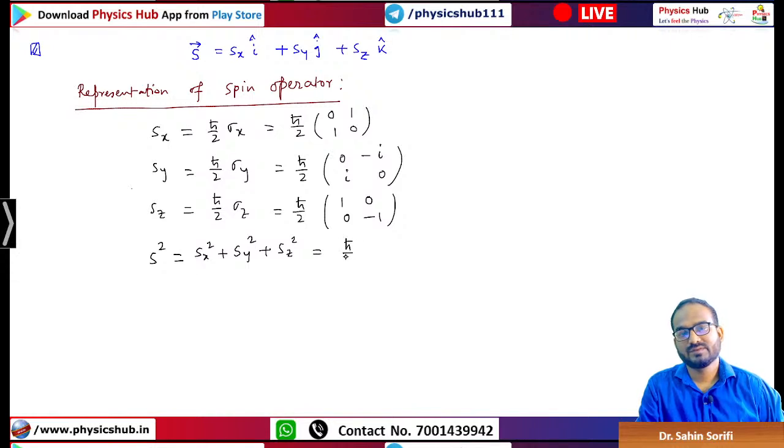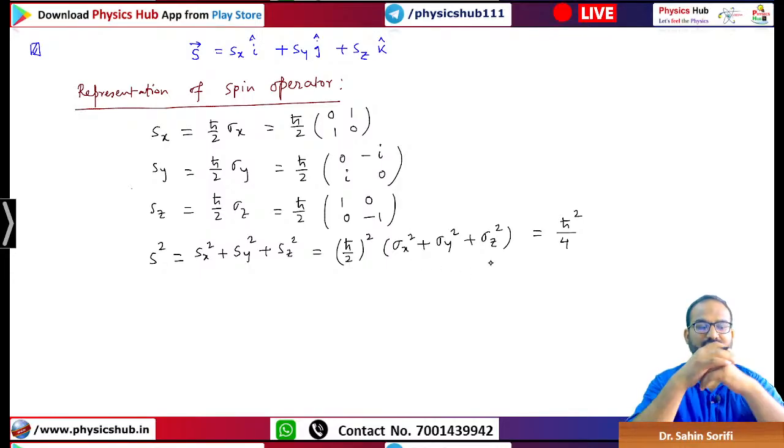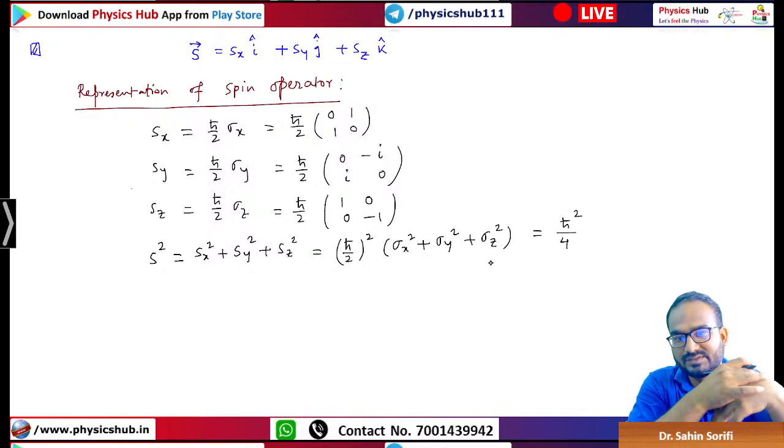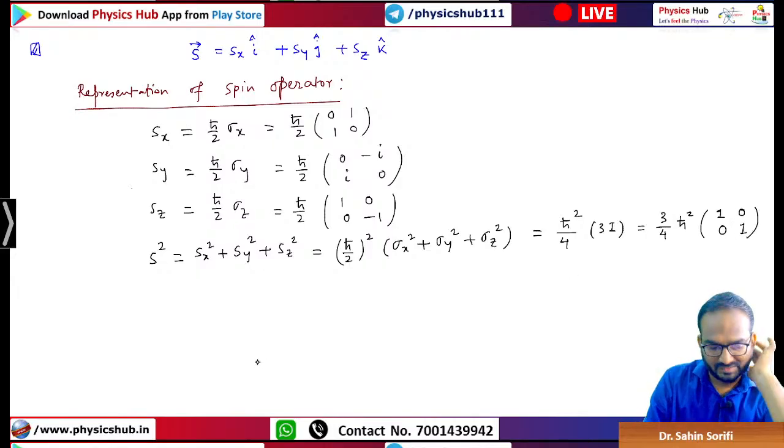So it is h cut by 2 whole square, sigma x square plus sigma y square plus sigma z square. So what is it becoming? h cut square by 4 times sigma x square plus sigma y square plus sigma z square. All of them are identity, so 3 times identity. So it means 3 by 4 h cut square times identity, where identity means 1 0 0 1. Can I write it?